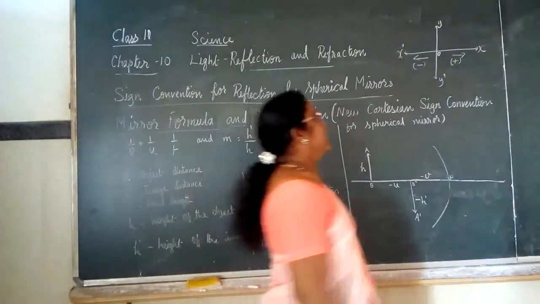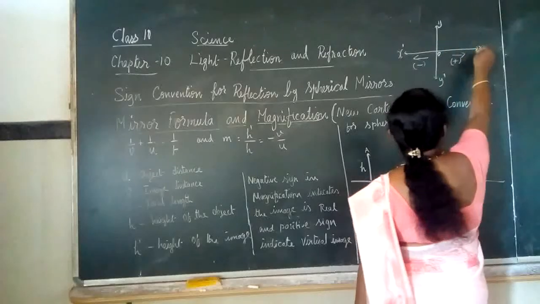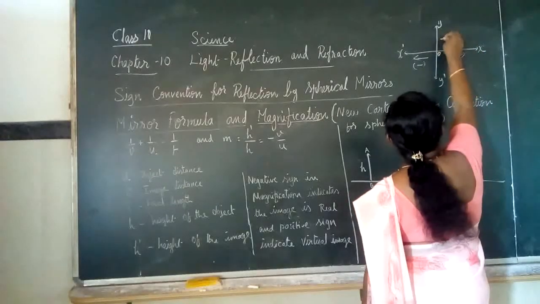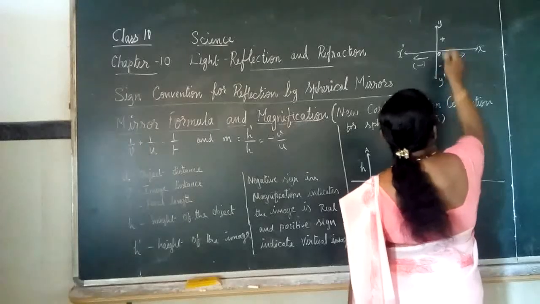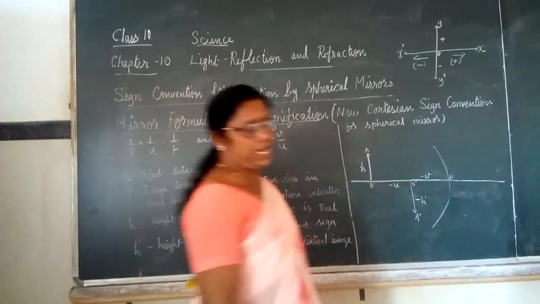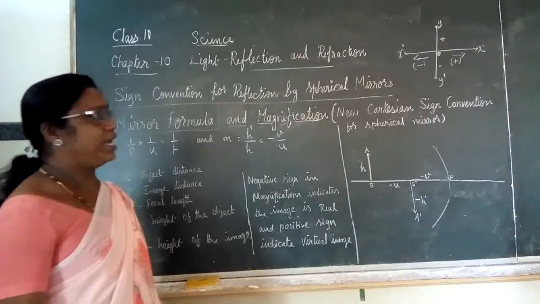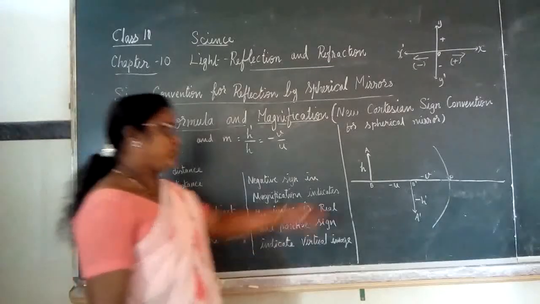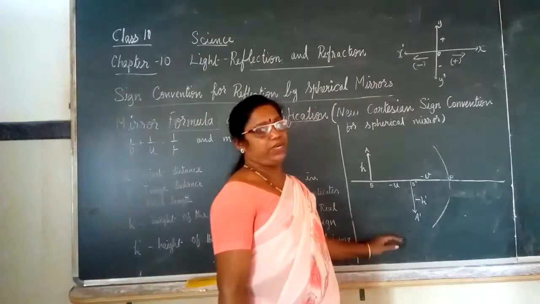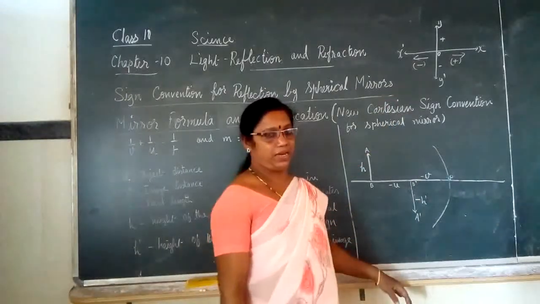Similarly, above the x-axis, y values are taken as positive, and below it they are considered negative. In the same way, you can compare this figure with a Cartesian plane.